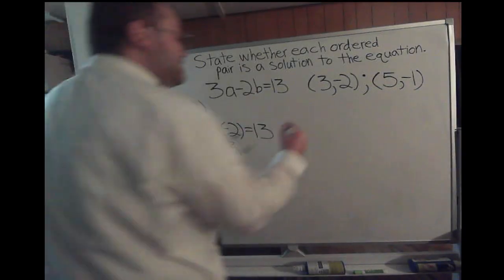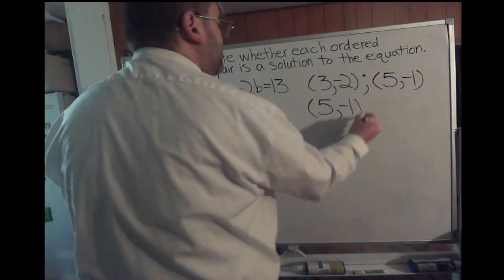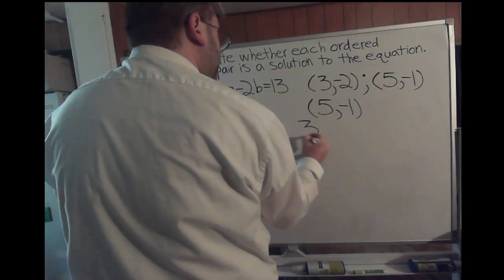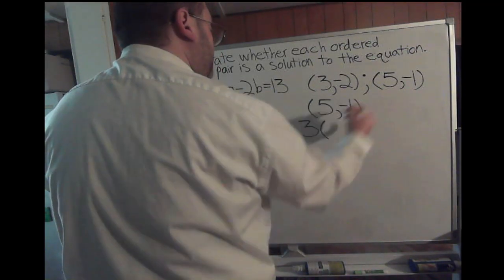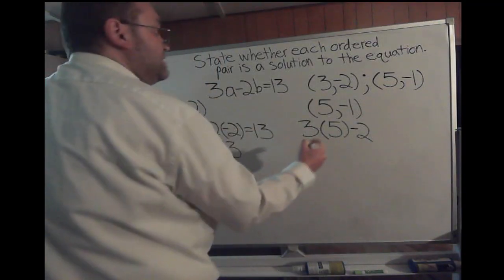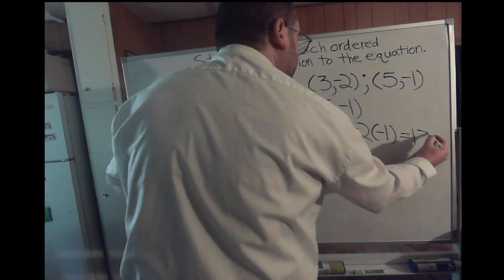The other question is, does 5, negative 1 work as a solution? Or in other words, does it lie on this line? So take 3 times your a coordinate of 5 minus 2 times your b coordinate of negative 1, set that equal to 13.